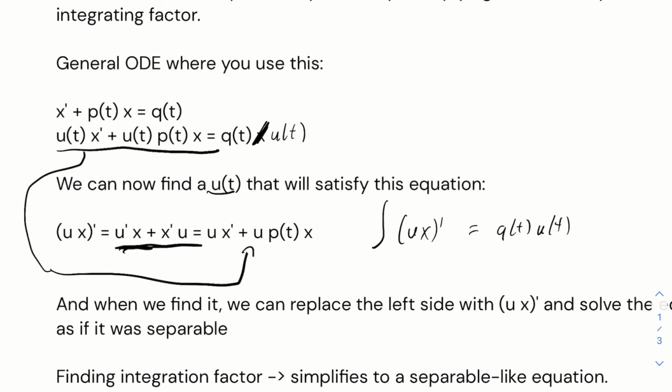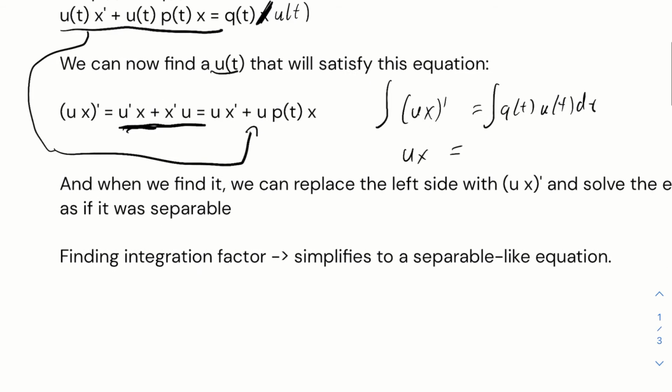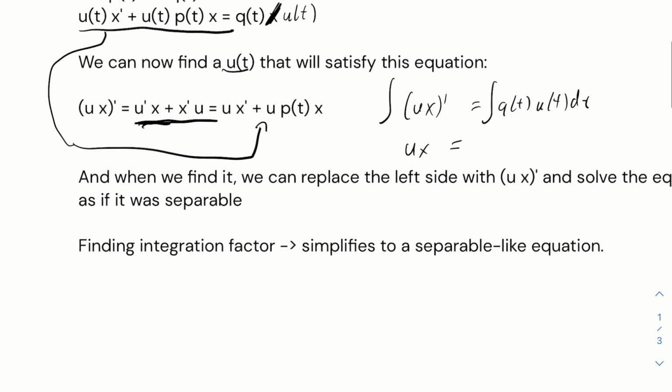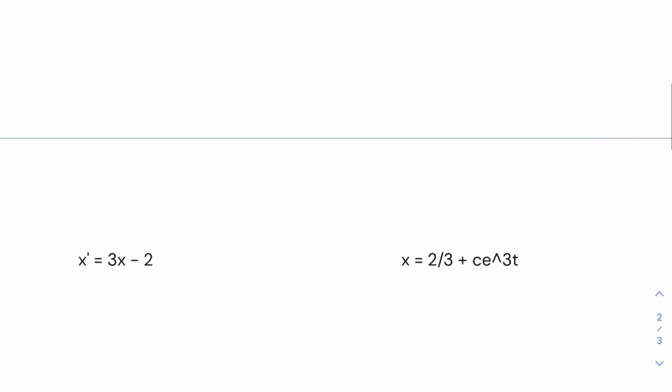So what you do is you just integrate that side, and this just becomes ux equals whatever that integral is, and then you just divide by u, and you've found x. That's it. It's not exactly separable, it could be separable, I guess, but it simplifies it down to something where you just need to integrate at the end.